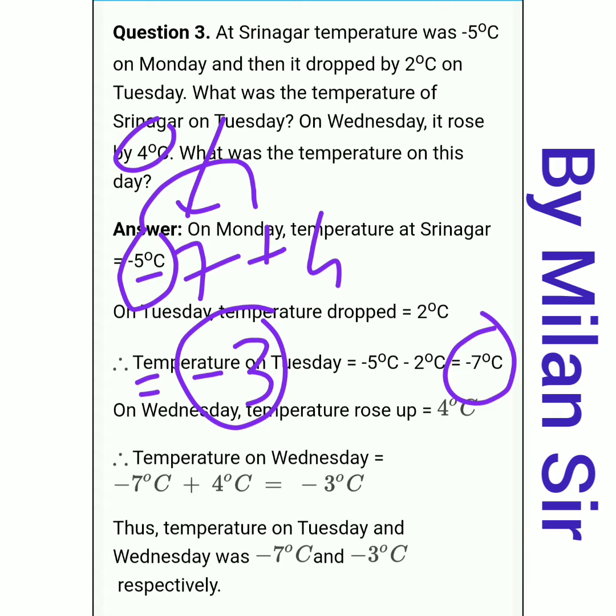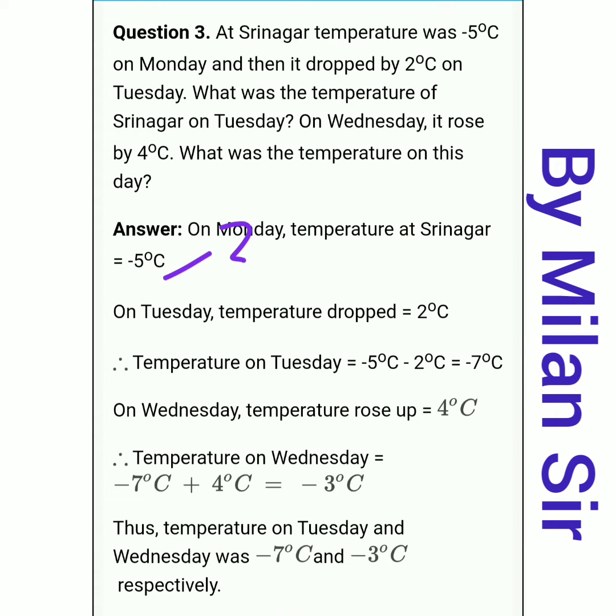Okay, this is the answer. So minus 3 degrees Celsius. Okay, so we need to write like this. Temperature on Wednesday is equals to minus 7 degrees Celsius plus 4 degrees Celsius is equals to minus 3 degrees Celsius. Okay, so total 2 questions are there. Temperature on Tuesday, it is minus 7 degrees Celsius, and temperature on Wednesday, it is minus 3 degrees Celsius.